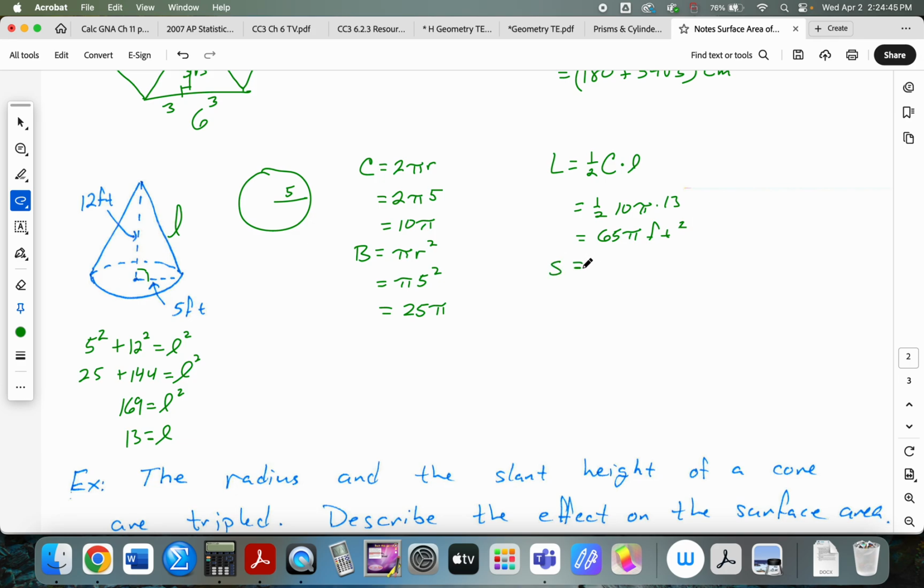And then the surface area is the lateral area plus, there's only one base in a cone, so it's 65 pi plus 25 pi, is 90 pi square feet.